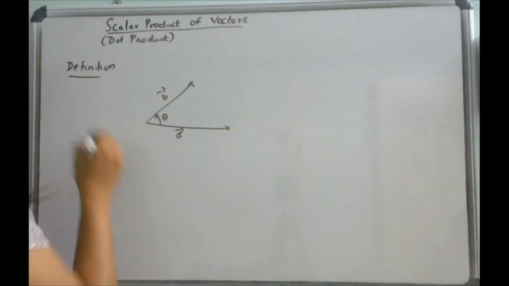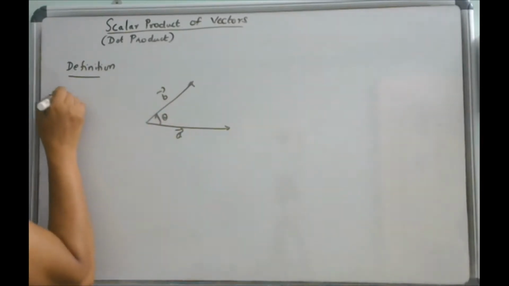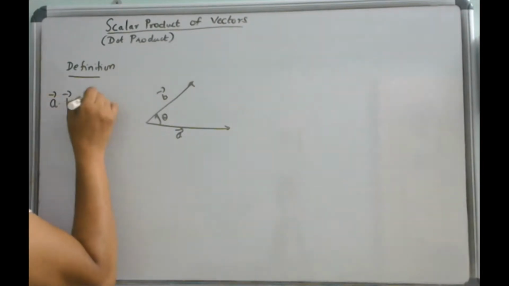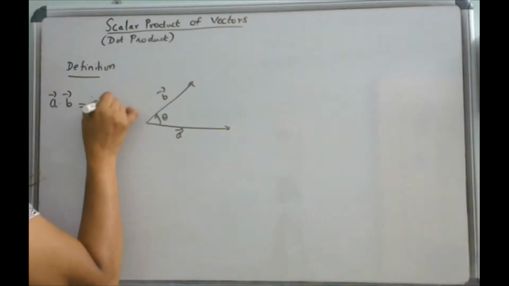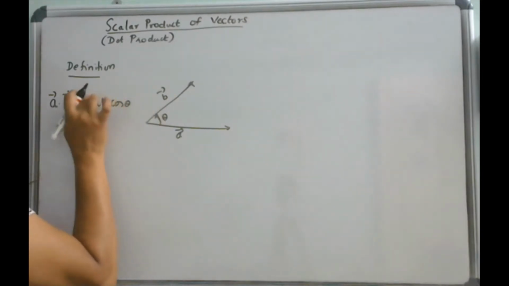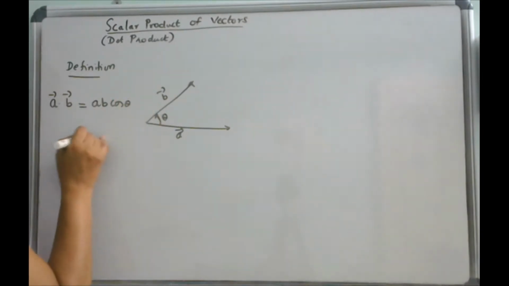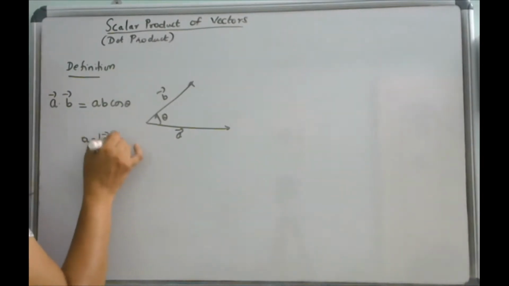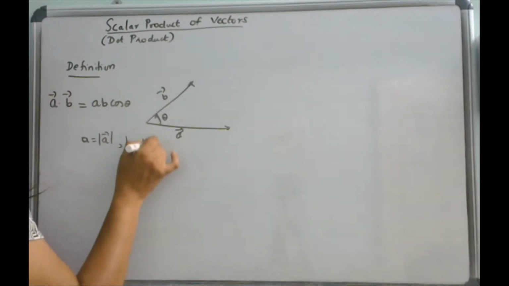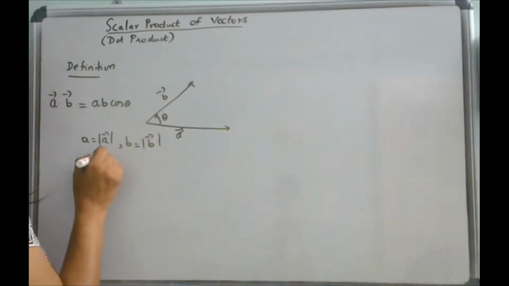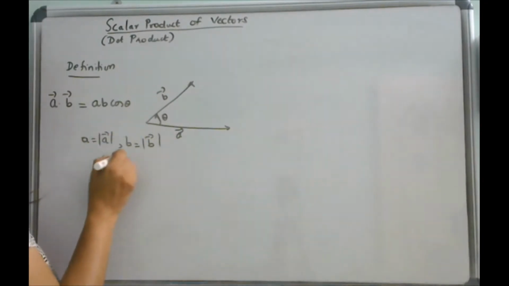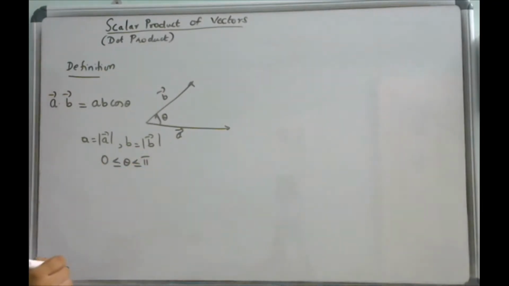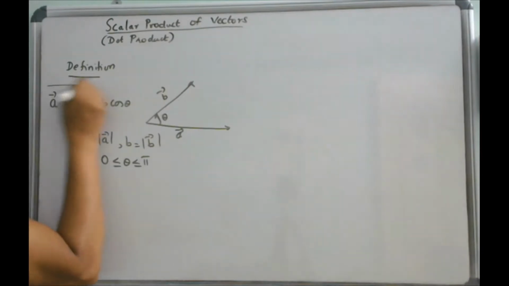Then its dot product is denoted like this, a dot b, which is defined to be equal to ab cos theta, where a is equal to modulus of vector a, b is equal to modulus of vector b, and theta is the angle between a and b, which lies between 0 degree and 180 degree. So this is the definition part.